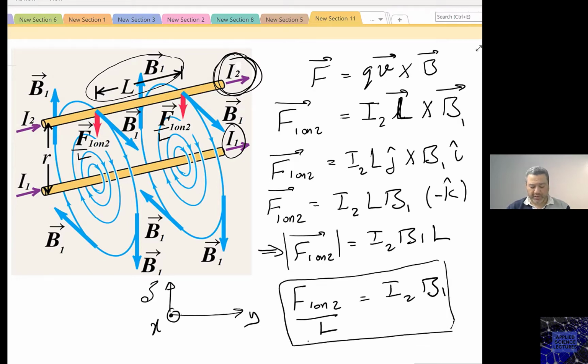If you want to calculate the total, then you have to multiply by the length of the wire for the I2, the one that I2 goes through.